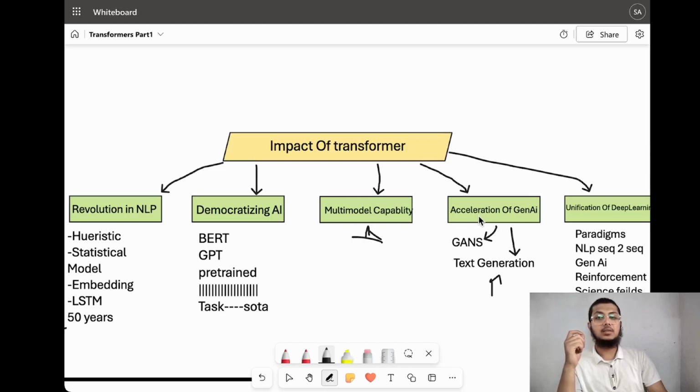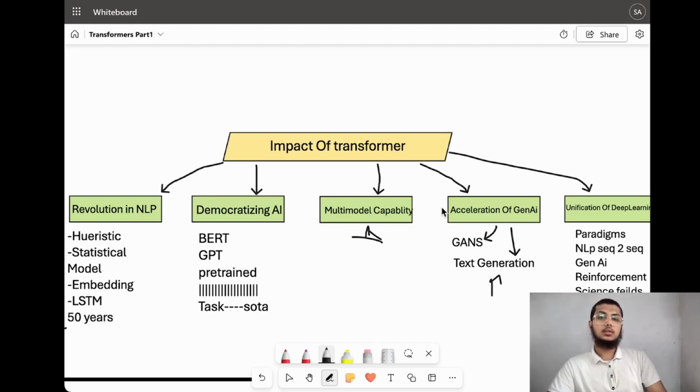Software like ChatGPT came, which had the capability to generate human-like text. Due to this, many companies started making chatbots, etc., using open APIs. So, in short, generative AI in the field of text progressed very fast in the last 1.5 years.